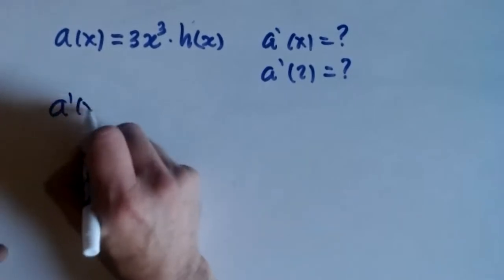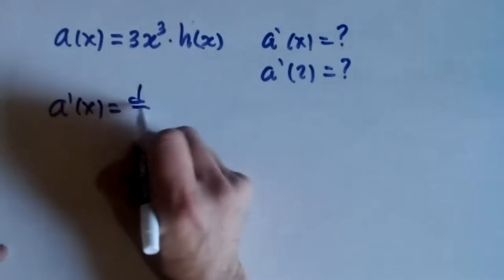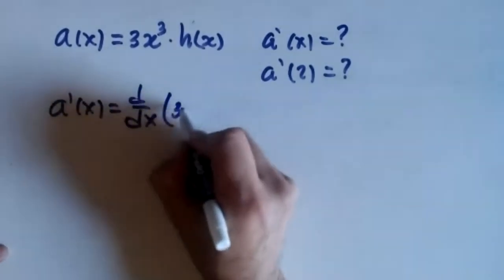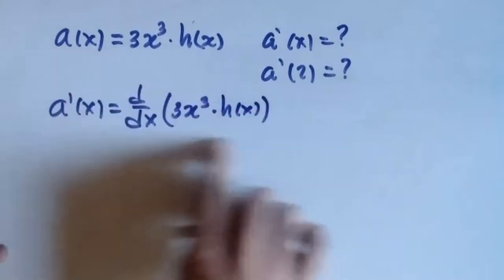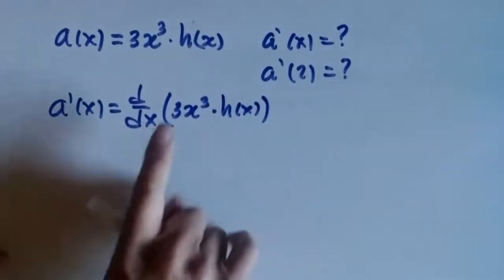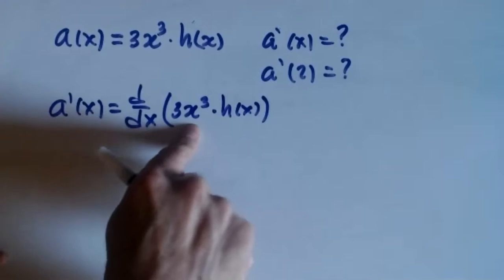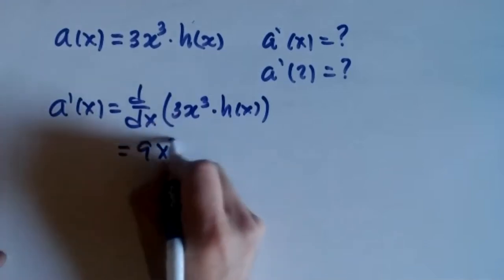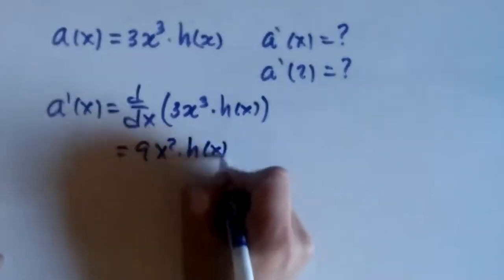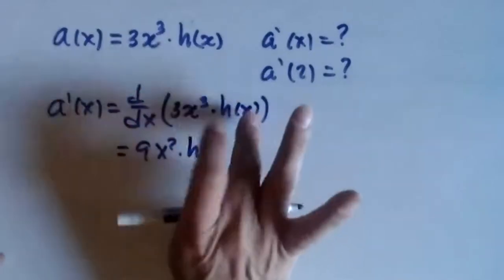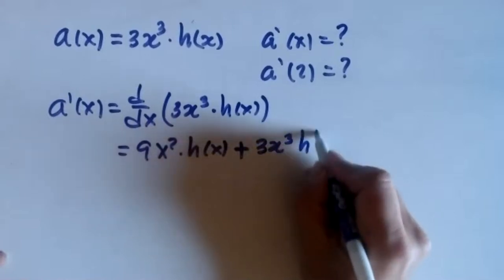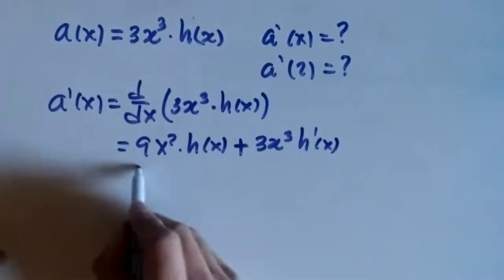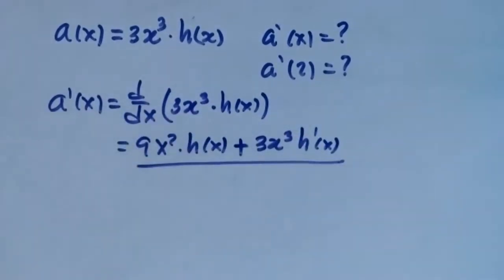a prime of x is the derivative with respect to x of 3x cubed times h of x. Okay, I have to use the product rule, so the derivative of the first, 9x squared times h of x, plus the derivative of the second, 3x cubed h prime of x. You don't have to do too much, possibly you want to do some algebra.